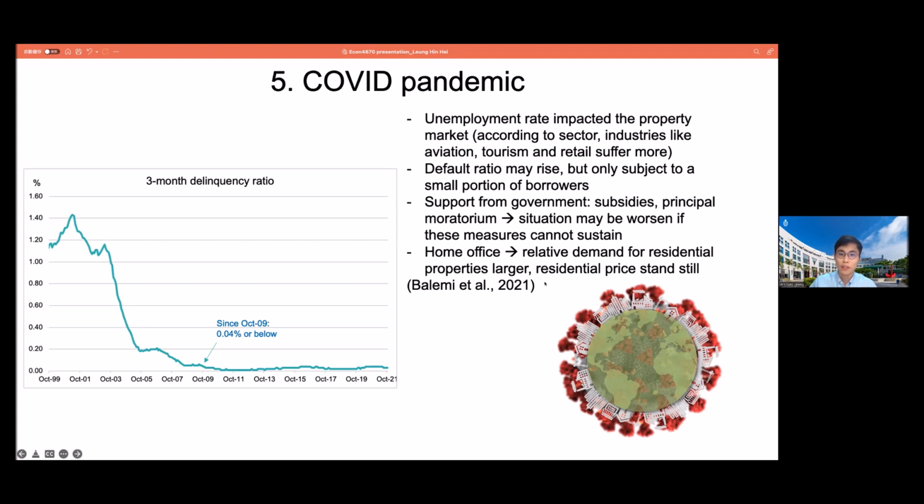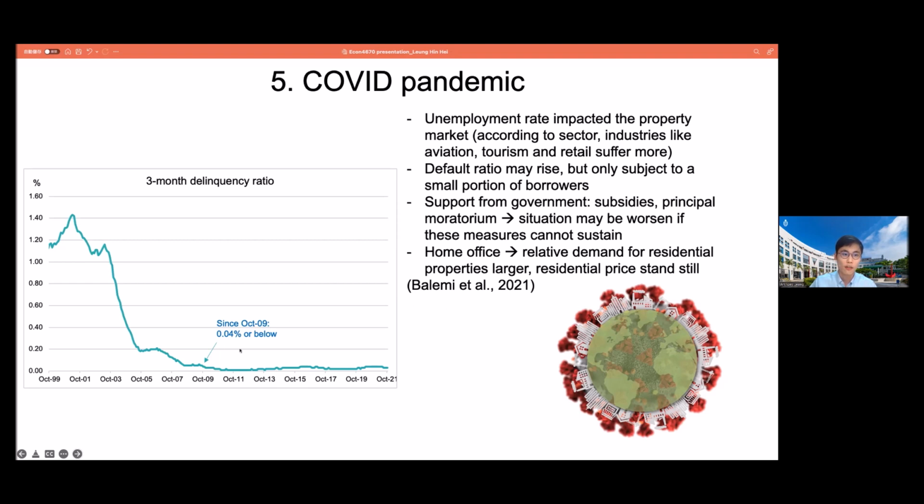And for different kinds of properties, residential properties tend to stay firmer in price because of the trend of working from home. The relative demand for offices may be lower than for residential properties, because people are more likely to stay at home to work and live.